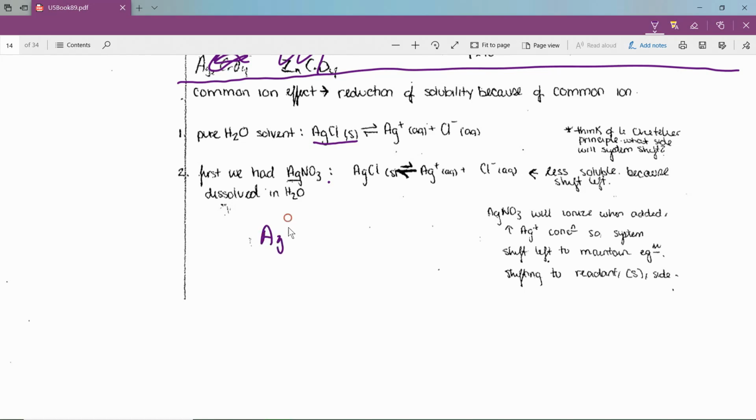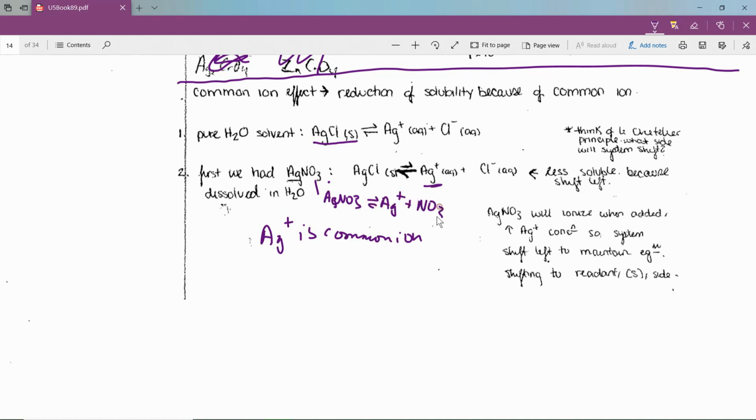Ag+ is the common ion because it is present in both. AgCl goes to Ag+ and Cl-, and also the AgNO3 goes to Ag+ and NO3-.